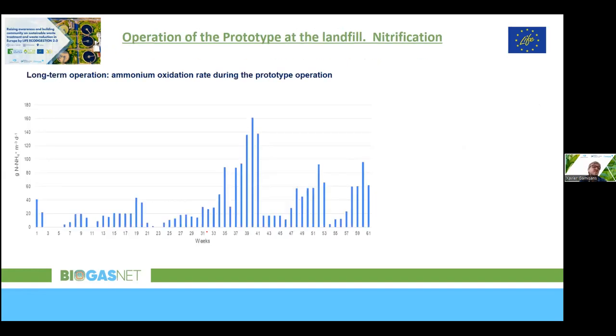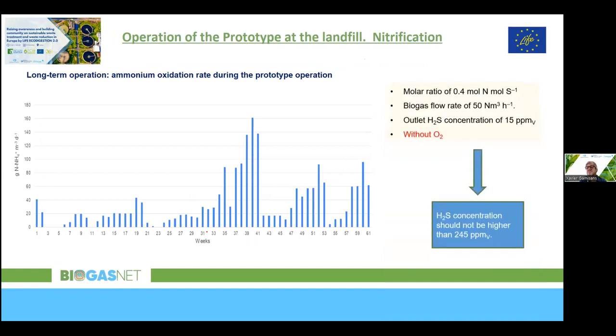And this is the production of nitrate, or the oxidation rate of ammonia in our system, which gave us the possibility to treat 50 cubic meters per hour of biogas with a concentration of 245 ppm. In fact, we didn't reach this inlet concentration. We had lower concentrations than that, but this means that our removal efficiency was even higher than 95%.